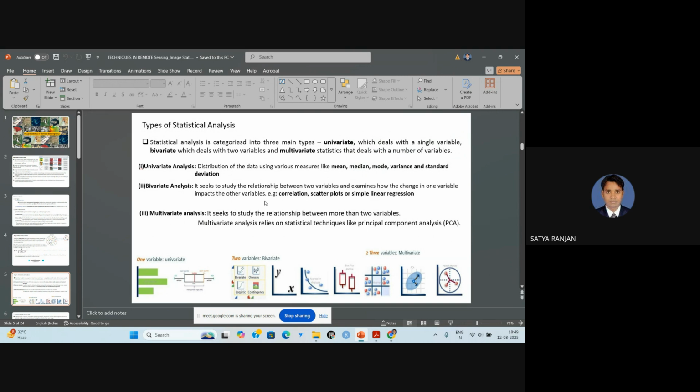It is the distribution of data using various measures like mean, median, mode, variance, and standard deviation. In bivariate analysis, we study the relation between two variables. In univariate there is one variable, but in bivariate there are two variables, and we examine how a change in one variable impacts the other variable.